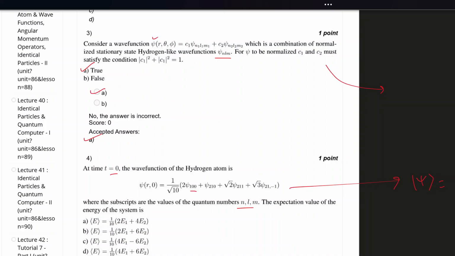So the probability of the psi state being in the psi n state will be mod Cn squared.